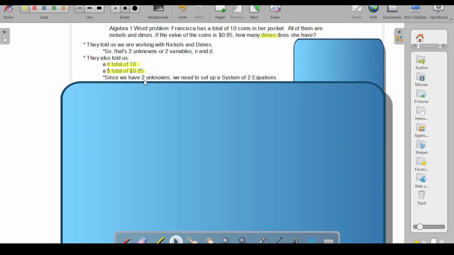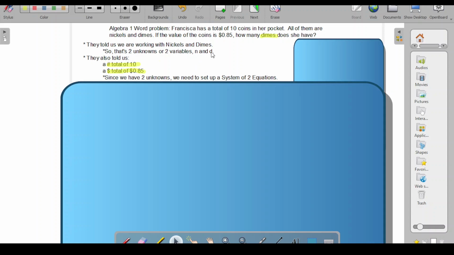Since we have two unknowns, nickels and dimes, we need to set up a system of two equations because we can't solve an equation with two unknowns. We have to know at least the value of one of them. So when that happens, we set up a system.